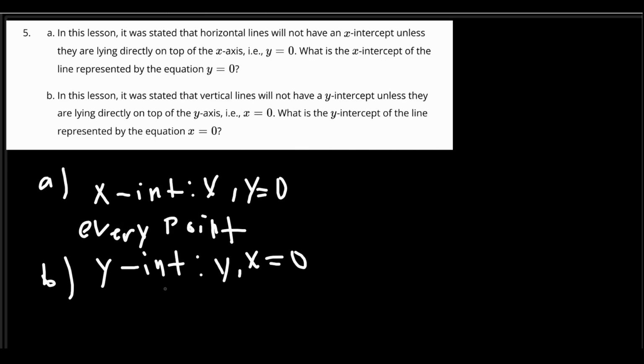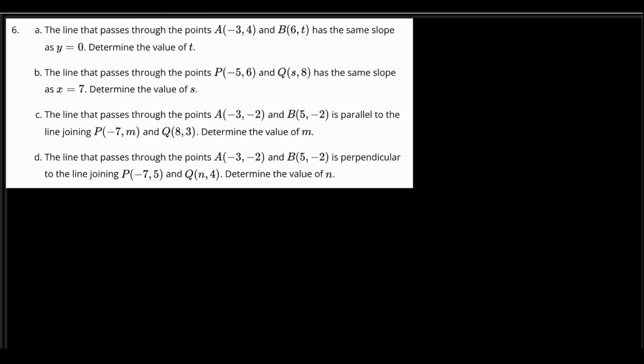So, as we said before, every point of this equation is the y-intercept, on the equation x equals 0. And that's the answer to question 5. We can now move on to question 6.